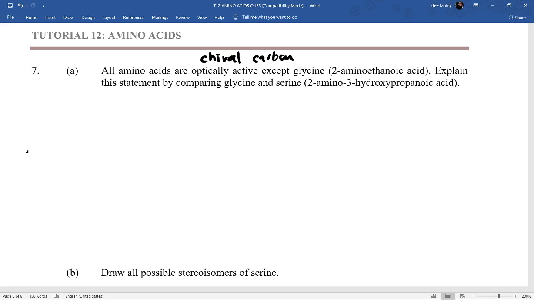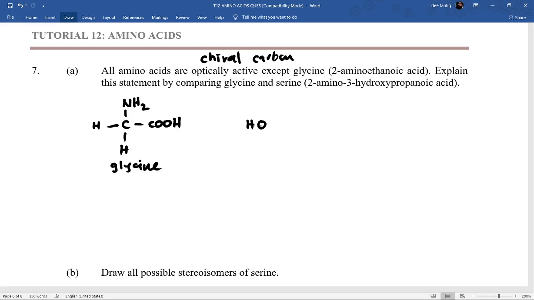So glycine is amino ethanoic acid. So this carbon contain NH2, this one contain H, this one contain H, this one contain COOH. So this is glycine. Then serine, 2 amino 3 hydroxy propanoic acid, 3 hydroxy.